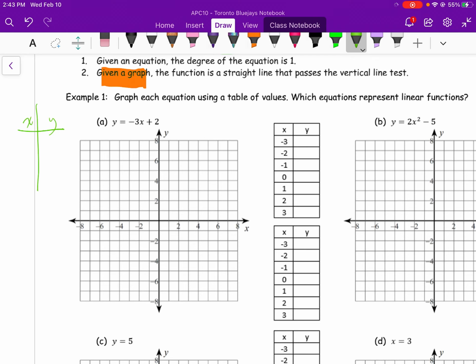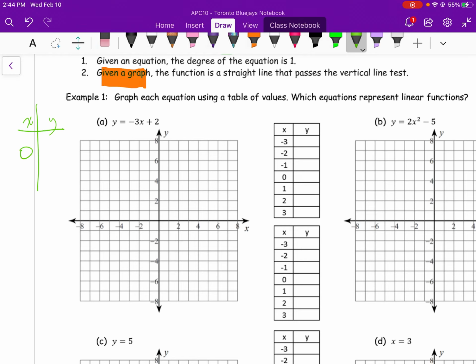People often get stuck here and they say, I don't know what x values to choose. Well, with linear relations, it doesn't matter. So generally, I go with the x values that are easiest to calculate, and I also choose x values that are a little bit far apart.